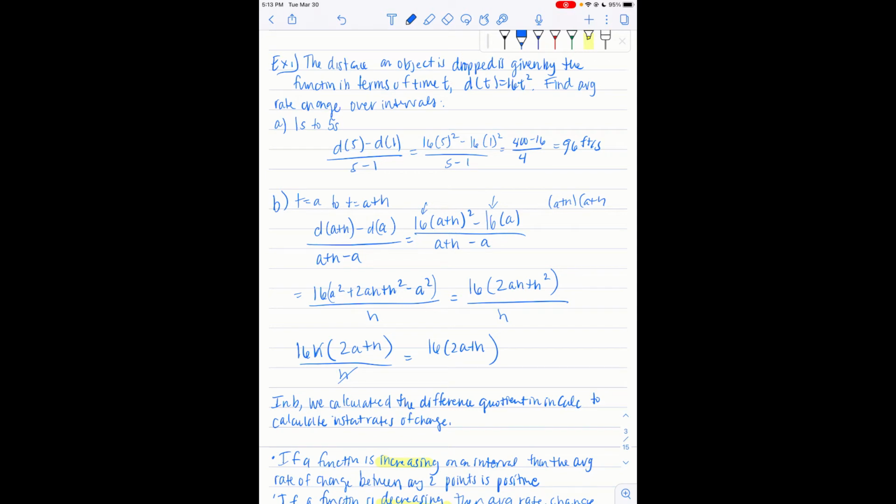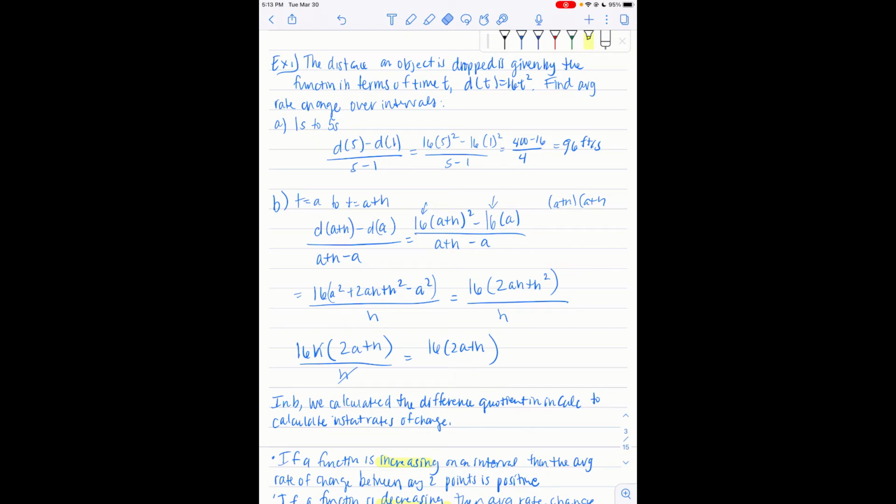So I get 16 times 5 squared because I'm plugging 5 into my function. The t is time, and so I'm plugging in the 5 because it's 5 seconds. So if I plug in 5 to your equation, it's 16 times 5 squared minus 16 times 1 squared over 5 minus 1, which gives you 96 feet per second.